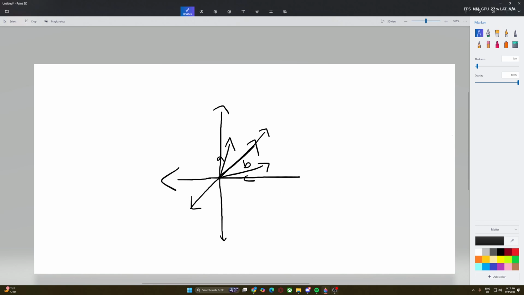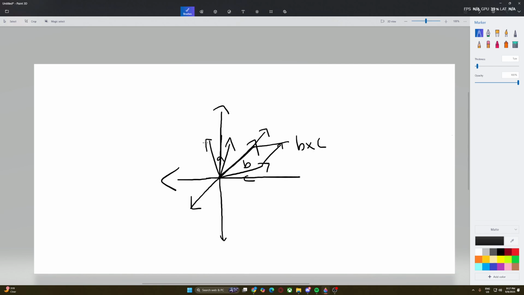B cross C will get you this parallelogram right here, and then there's gonna be an orthogonal vector around here, which is also perpendicular to this parallelogram.